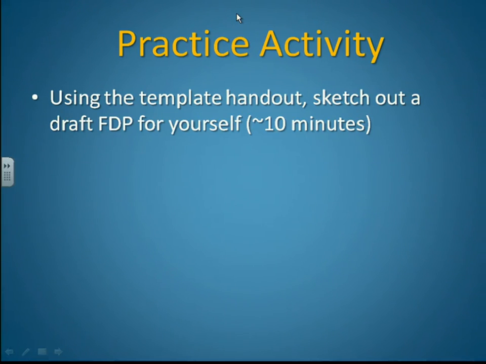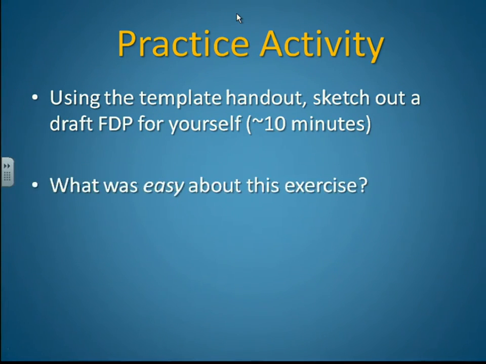But I was just curious, did you find anything here that was particularly easy to do for this little exercise? Except for things that are already underway. Okay. In terms of specific goals, I'm already working on that project. Right. It's easy to come up with those and to come up with a plan on how to actually meet those goals.